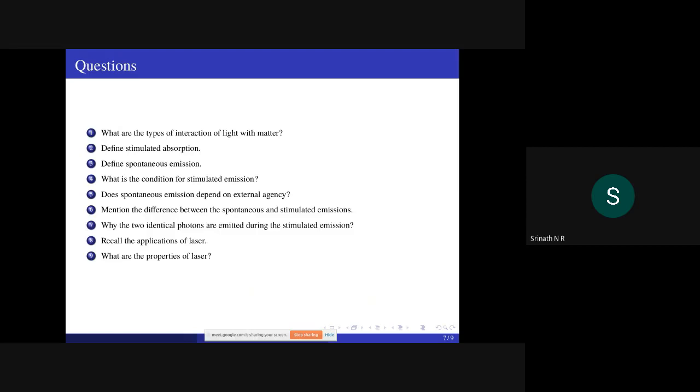Highly coherent, because the photons are emitted at the same instant of time from the same energy level. Sharply focusing, due to its highly directional nature, it maintains a highly focusing ability. And last one is highly intense, because the laser is an amplified output.